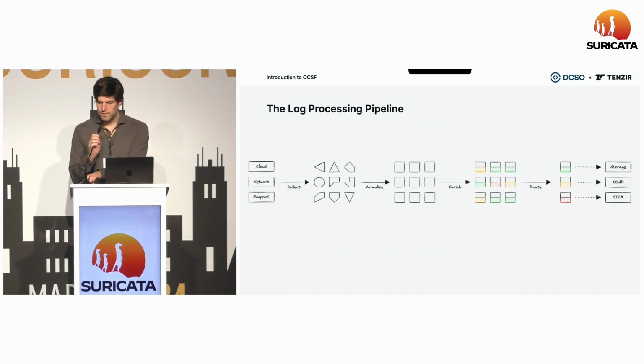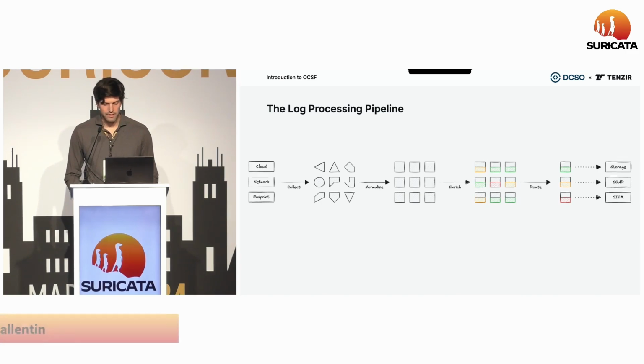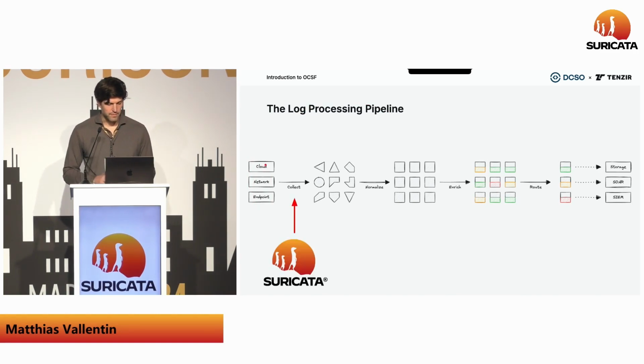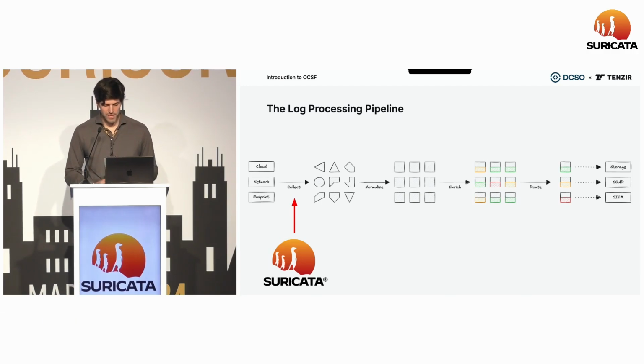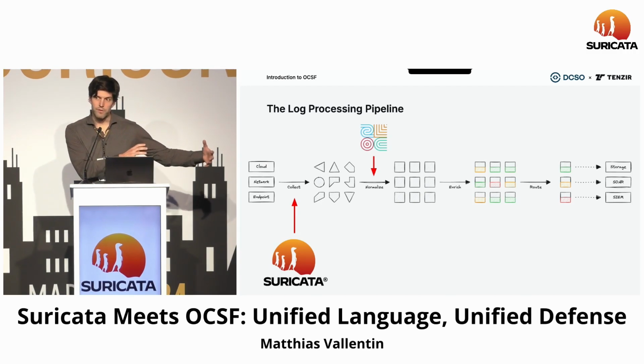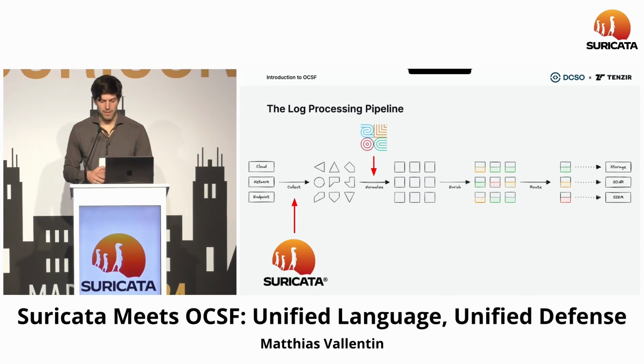This is an example of how you process data nowadays, not just Suricata data in general. You have your data coming from multiple types of sources: cloud, network like Suricata, endpoint. You collect all these different shapes, and really this is where OCSF comes into play. That's where the normalization takes place, so you can decouple the data acquisition from the downstream analytics.